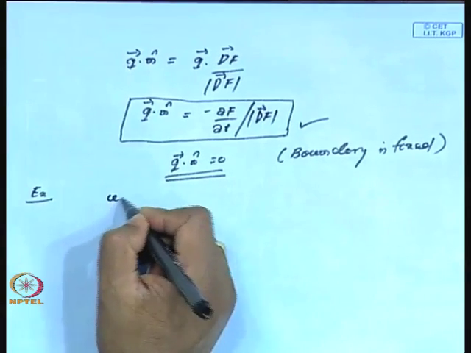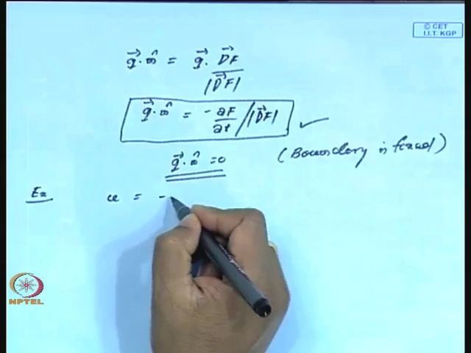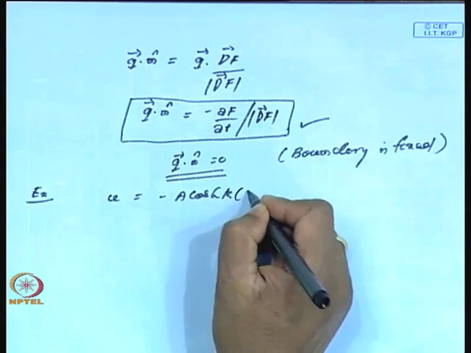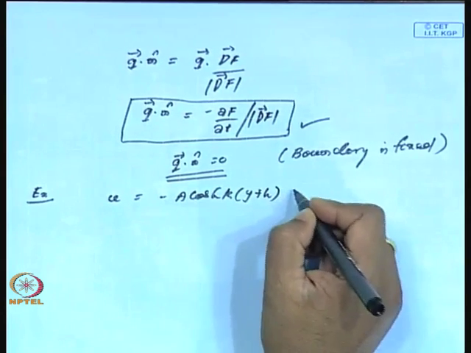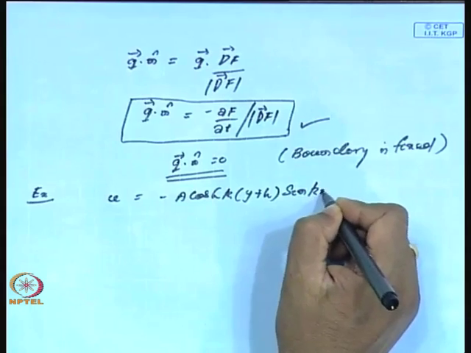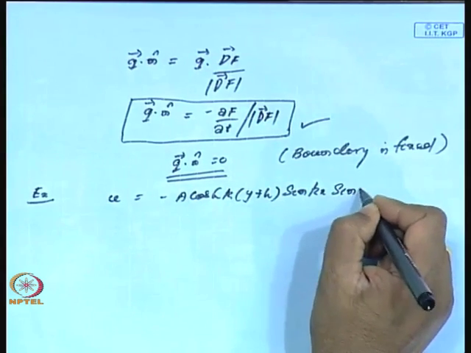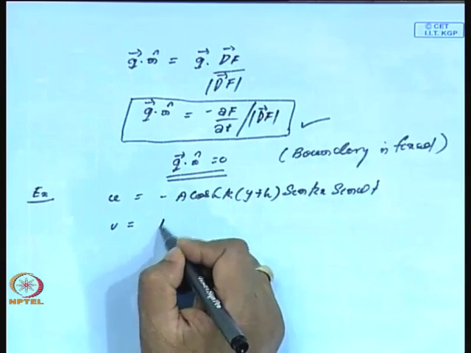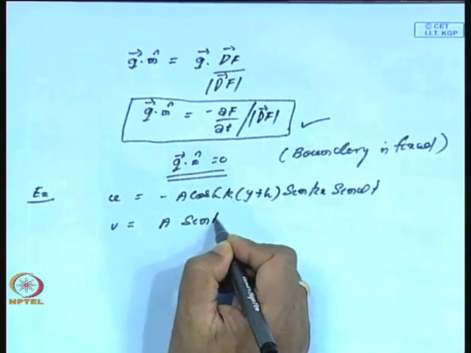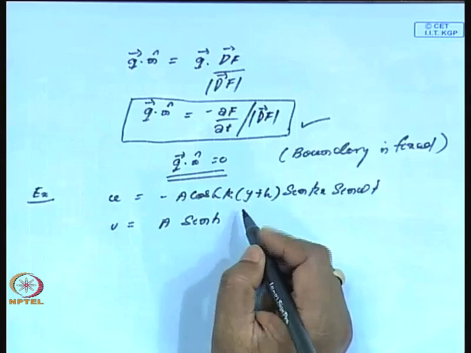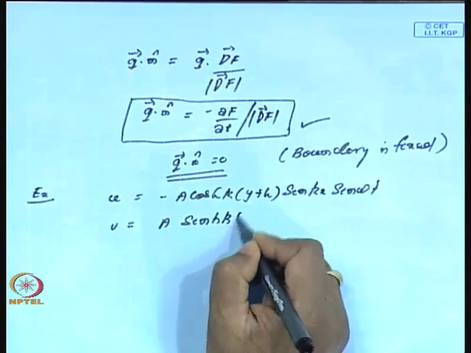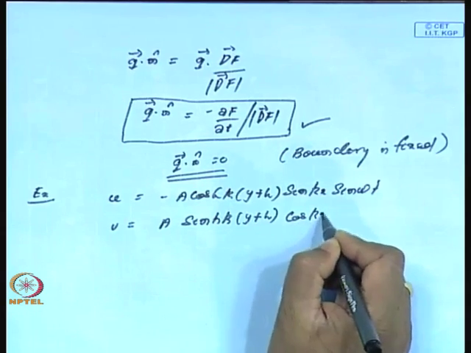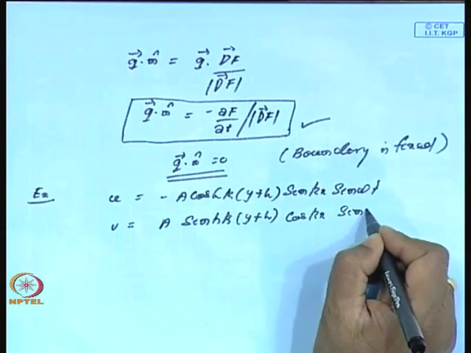Now, suppose I have been given the velocity vector u equal to minus a sinh k into y plus h, sin k x into sin omega t, and my v is a sinh k into y plus h into cos k x into sin omega t.